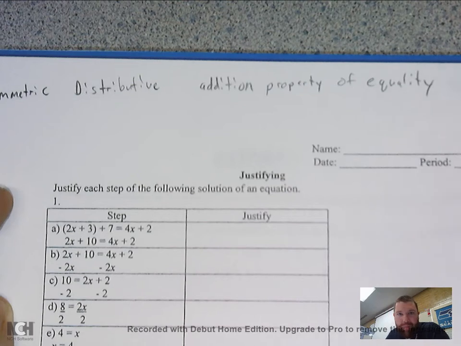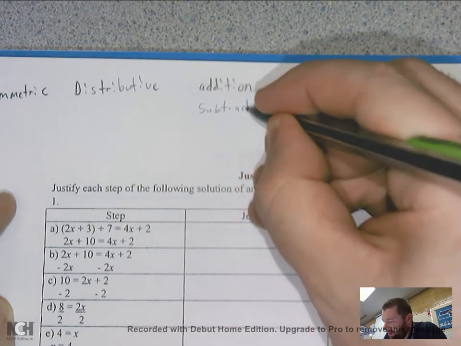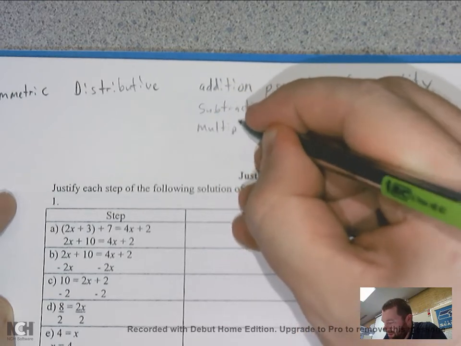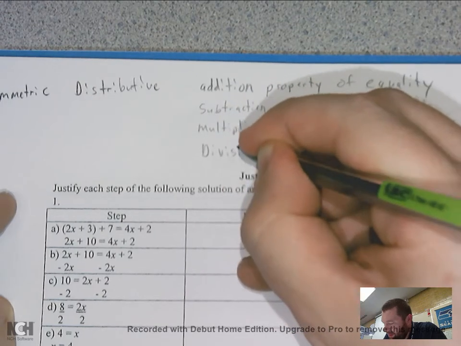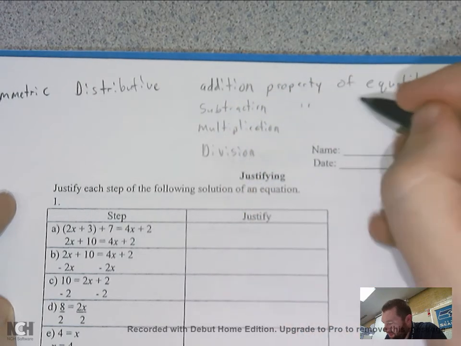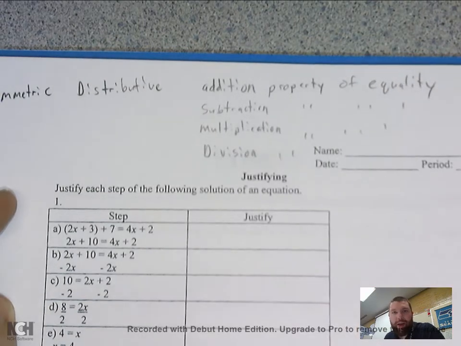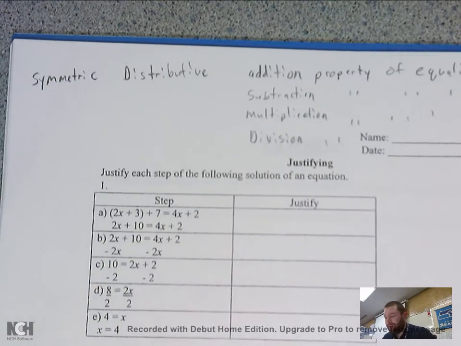And let me zoom out here a little bit. Okay. Addition, and then subtraction, multiplication, and division properties of equality. All that stuff. Okay. So those are the 6 properties I am looking at.